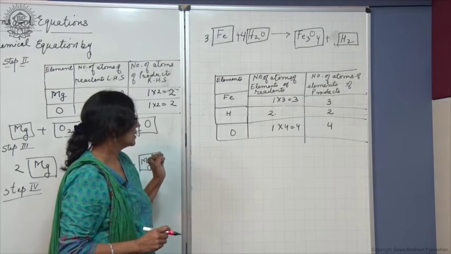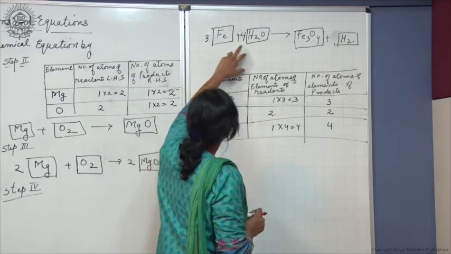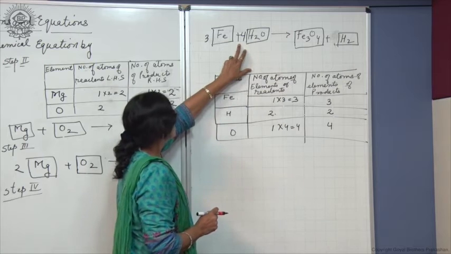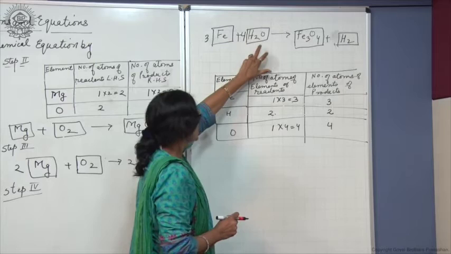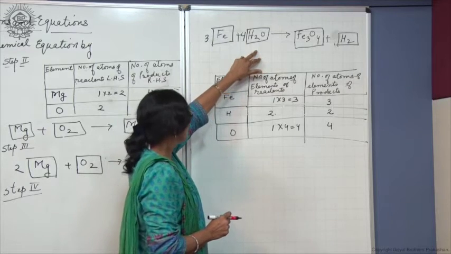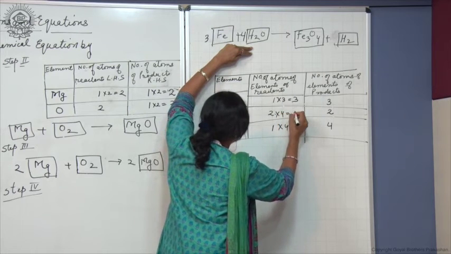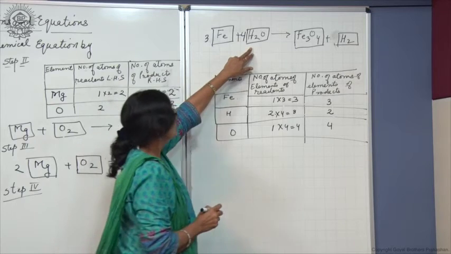but what change has occurred? Here when we multiply H2O by 4, what happens? Hydrogen atoms have become equal to 4 2s are 8. So 2 into 4 equal to 8, right. The change has occurred.